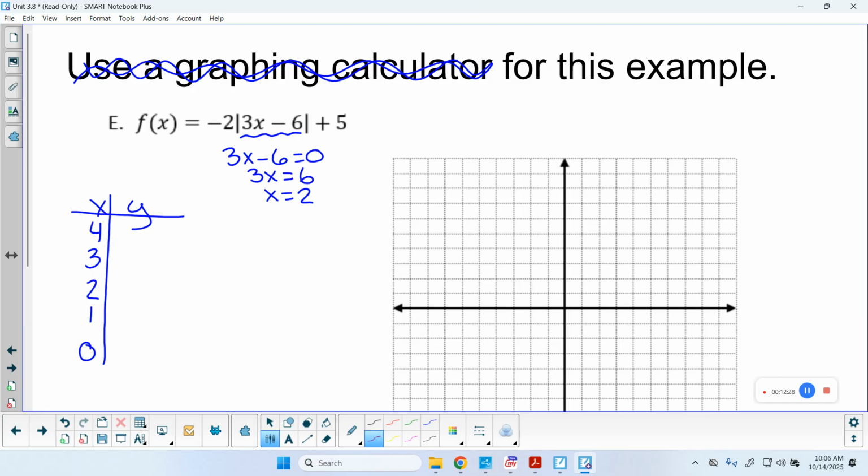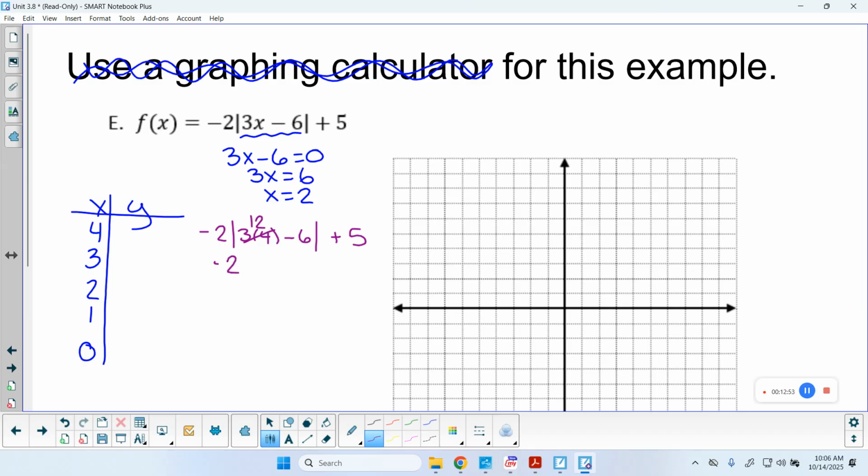So what we need to do is take 4 and plug it into x. So we're going to have -2 times the absolute value of 3 times 4 minus 6, and then we add 5. When you solve this, you always have to do what is on the inside of the absolute value first. So 3 times 4 is 12. So we really have 12 minus 6.